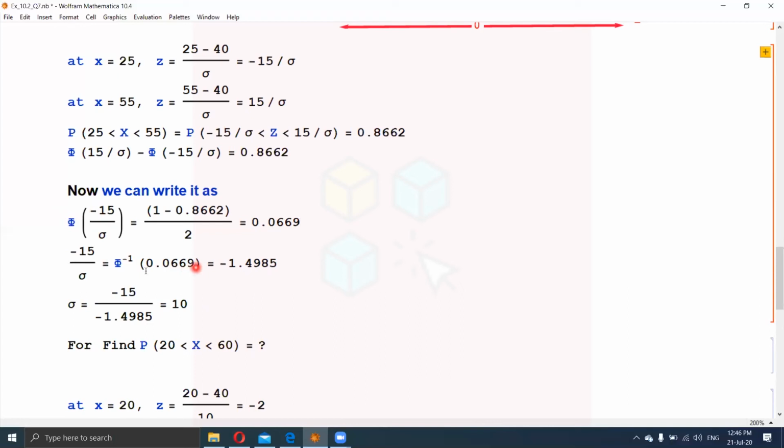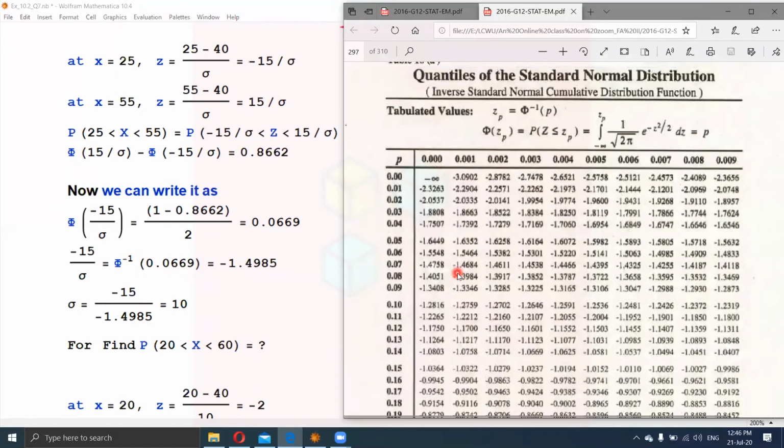0.0669. So we will use the table of quantiles of the normal distribution, in which phi inverse values are given. Using this table, this is our required table, quantiles of the standard normal distribution, and the row value 0.06 is here, and the corresponding column value is 7, because 69 is rounded off to 7.